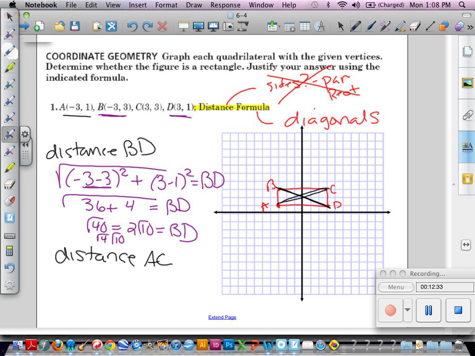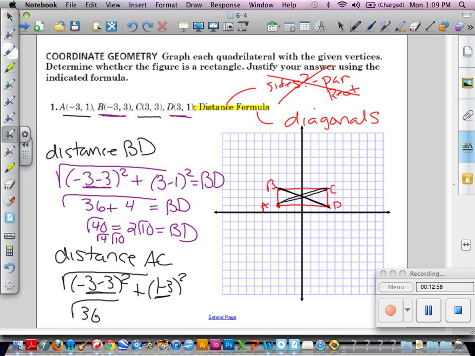AC. Use the A and the C points. Distance of AC, square root of negative 3 minus 3 squared plus 1 minus 3 squared. Negative 3 minus 3 is negative 6, squared is 36.